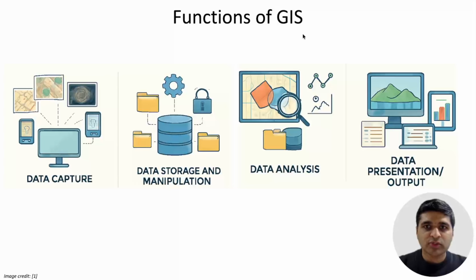The third and most important function is data analysis. This is where we ask questions, measure distances or areas, and combine layers to see patterns and relationships. Finally, the fourth function is data representation or presentation. GIS allows us to share results as maps, reports, charts or tables, and even in 3D views. Together, all these functions make GIS a complete system for working with spatial data.